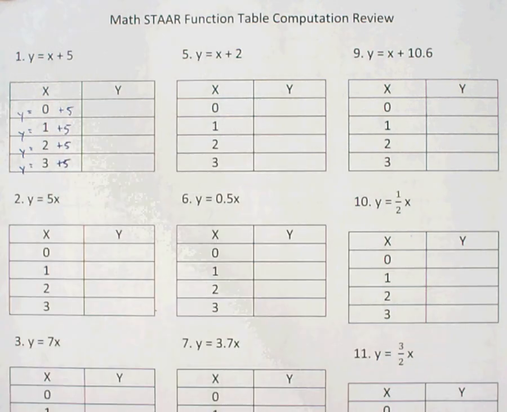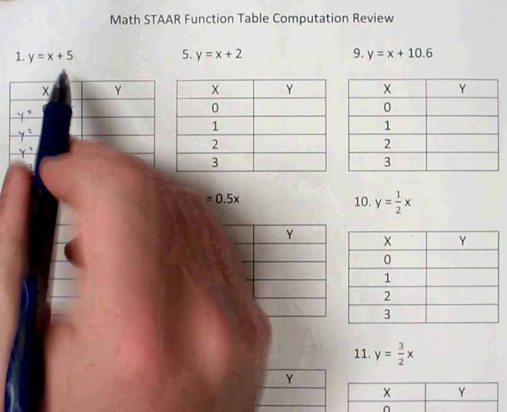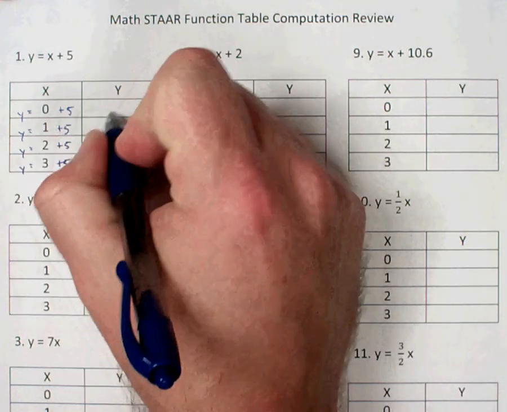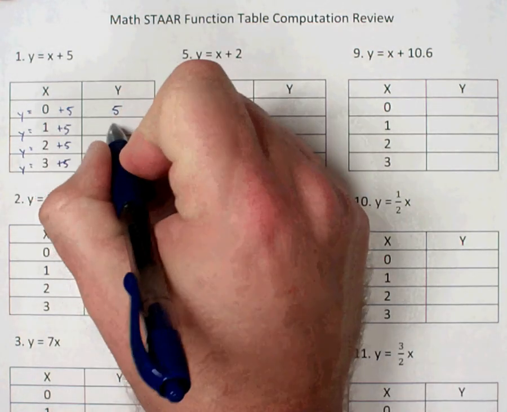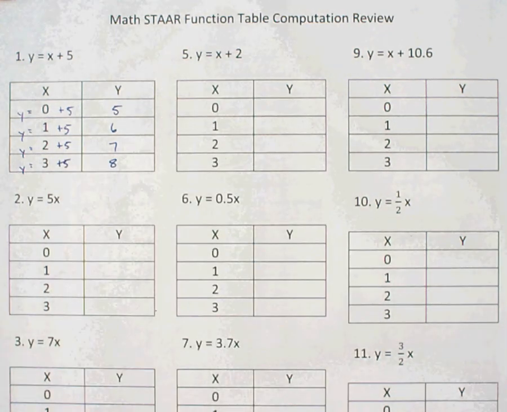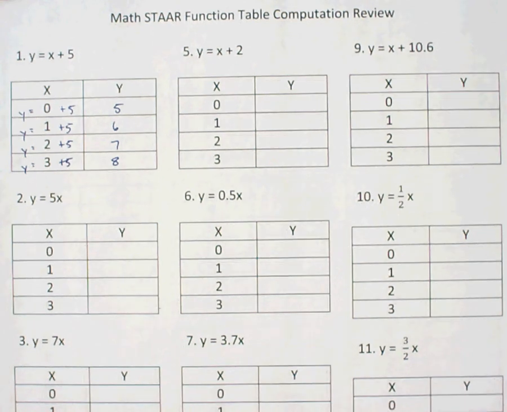We're just subbing this in for the x. So for my first one, 0 plus 5 is 5, then 1 plus 5 is 6, 2 plus 5 is 7, 3 plus 5 is 8. Pretty simple, basic stuff. We've done a fair number of these.